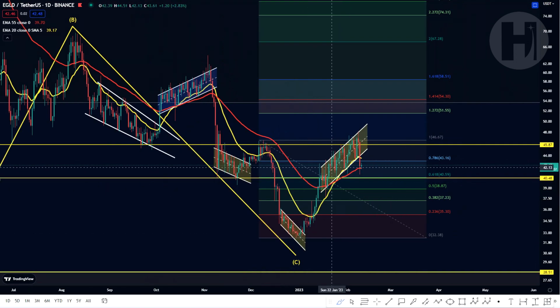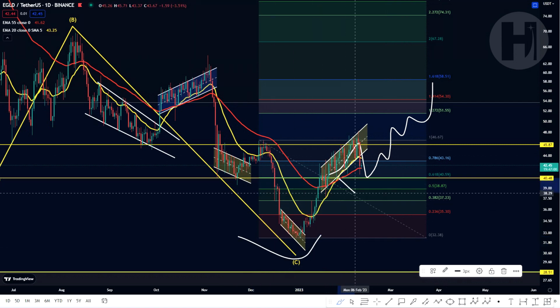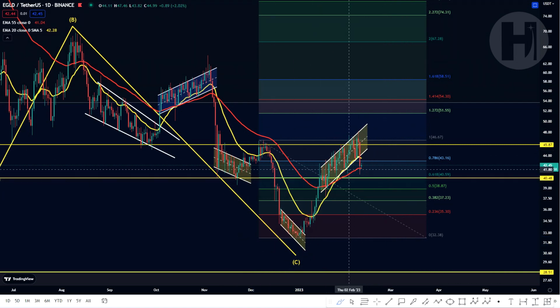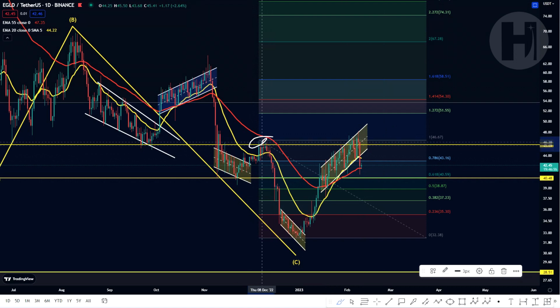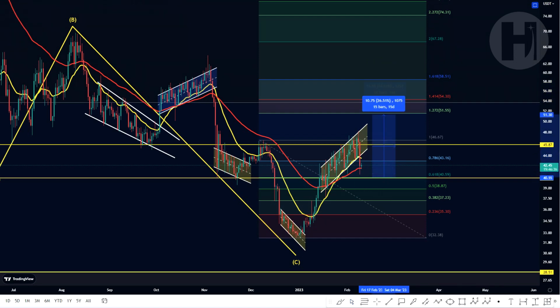So hopefully this is going to be a nice and easy, smooth back test of support, and then we continue to the upside, because ideally we want to print a higher low here for the continuation of the trend, and we want to finally break this high that we printed in December, and we want to move further up, at least taking out our 1.618 target here at $58.51. From where we are, that would be a 37% move to the upside. From the golden ratio, that would be 44% to the upside.